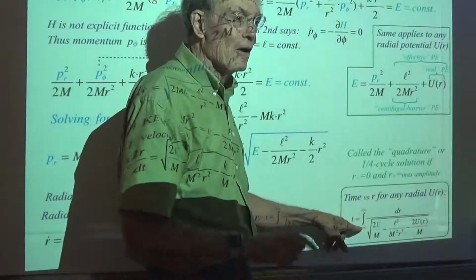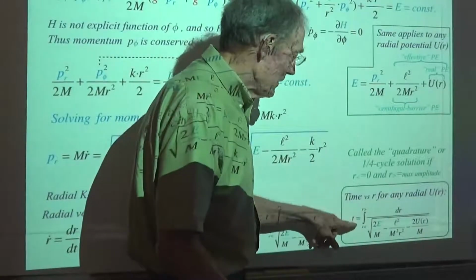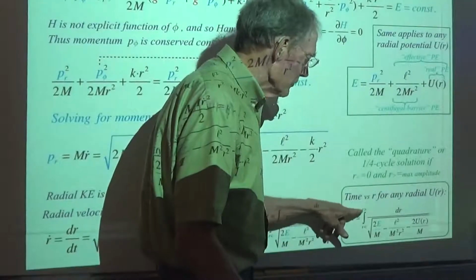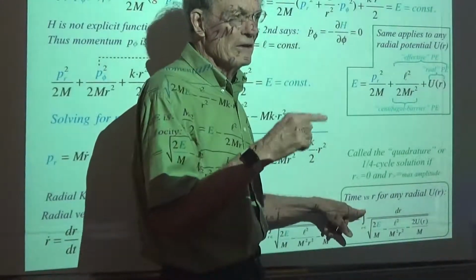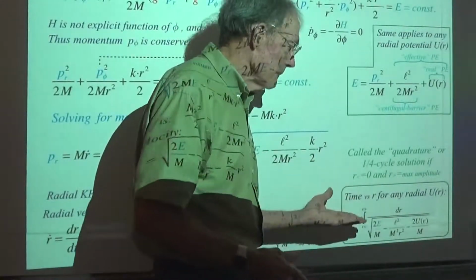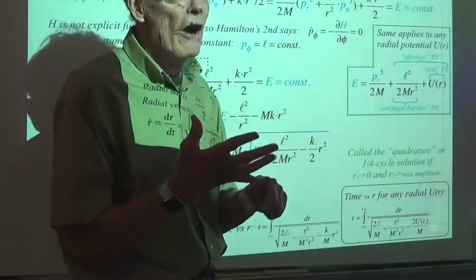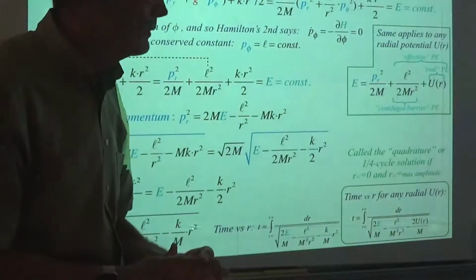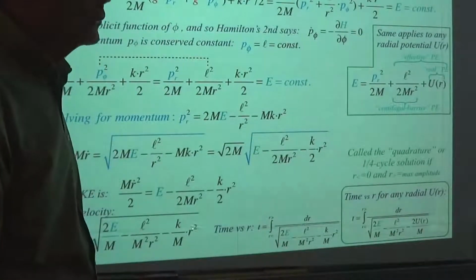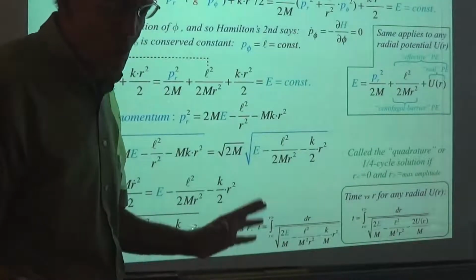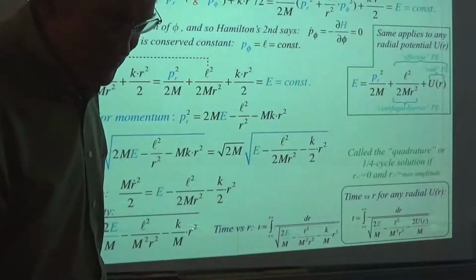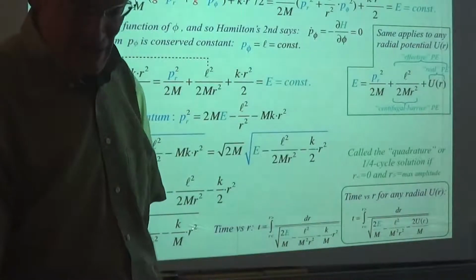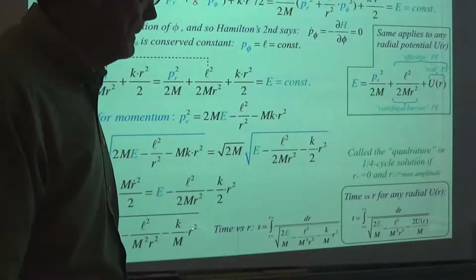Anyway, integrating over a quadrant gives you the time it took to go that quadrant, but you can also do an integral up to any radius and essentially back out the solution r of t, which is what you want. Okay, so that's a key part of mechanics. Reducing complicated problems to quadrature is an expression you'll hear, and this is the best I can give you for the etymology of that particular terminology.